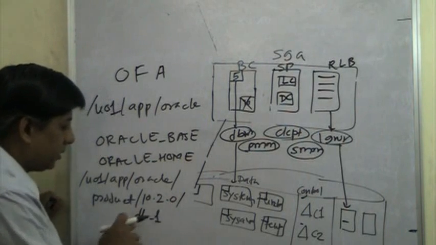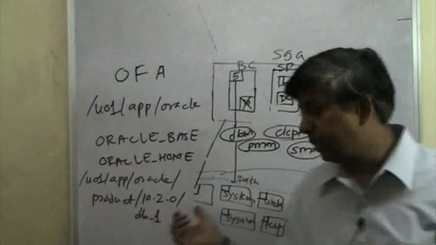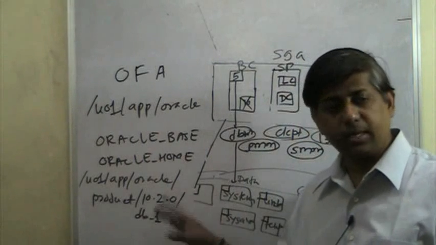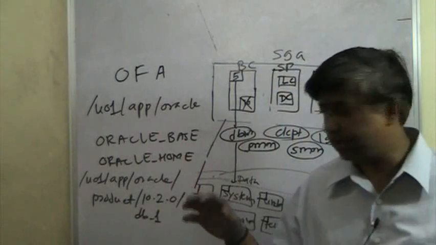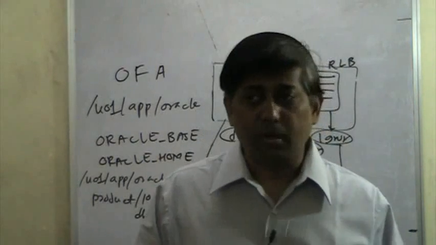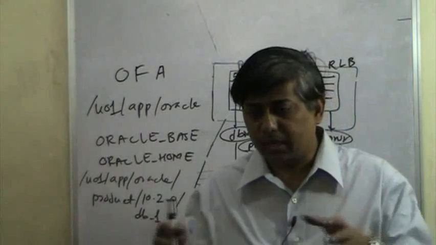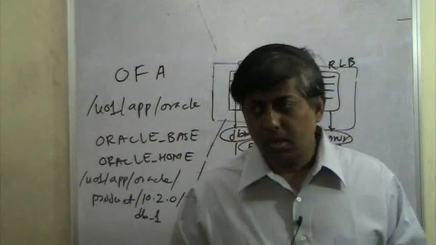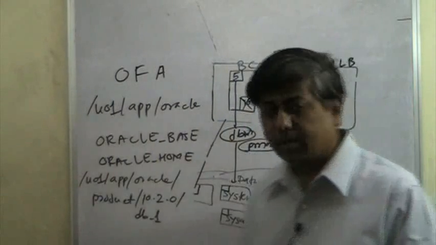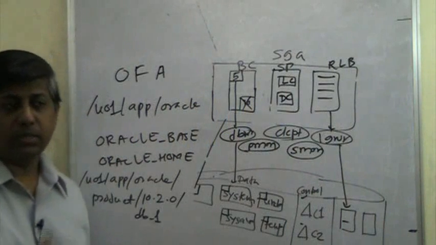In older versions, this DB_1 was not there. If you were installing Oracle 9i, then you would just say product 9.2.0, and then underneath that you would have all the directories. But now they have recommended that there should be DB_1, because if you want to install another patch, which is basically certain additional programs which will fix the bug of Oracle 10.2 software, then you can create a directory called DB_2, and you can install a patch over there.